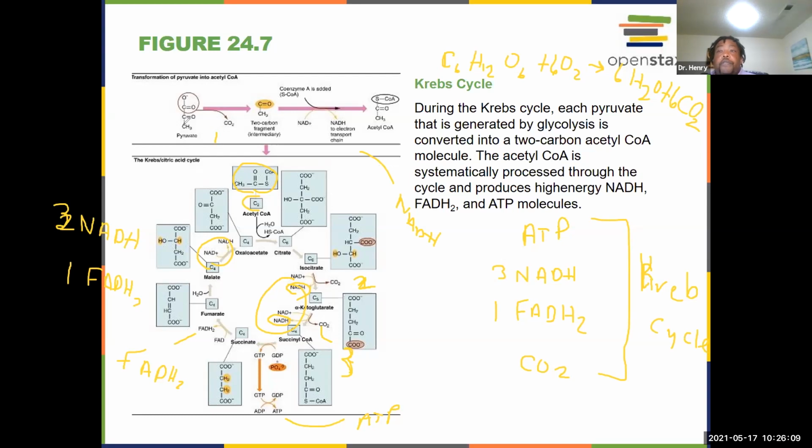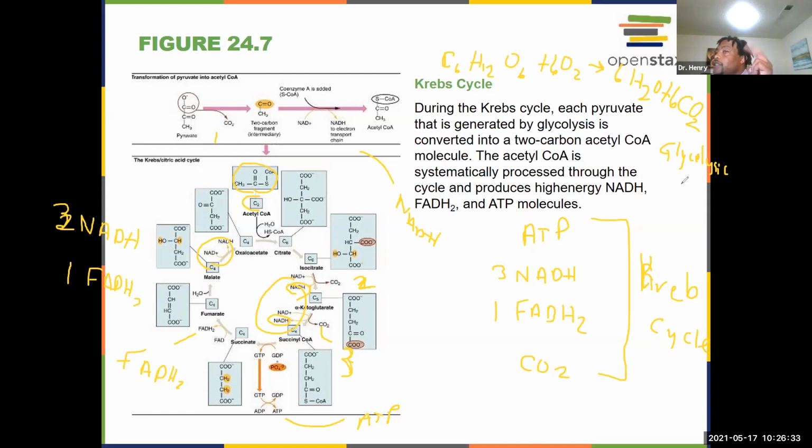Okay, so before we enter the Krebs cycle, during glycolysis, how many total ATPs do we have? 1.